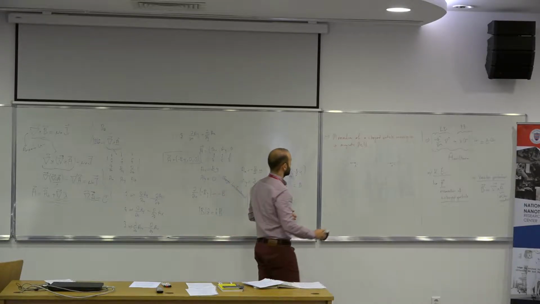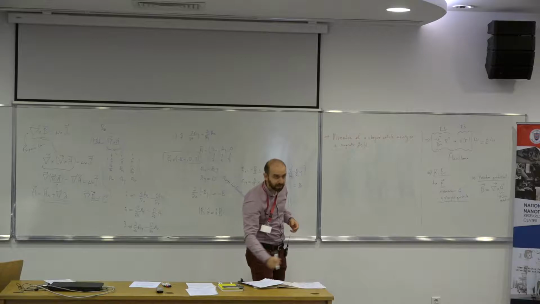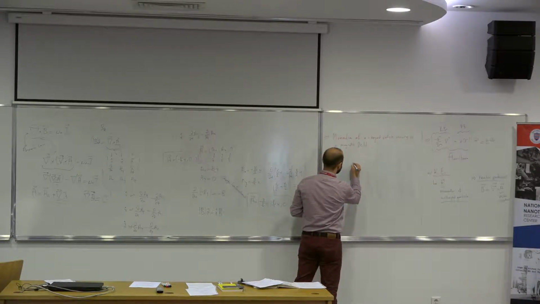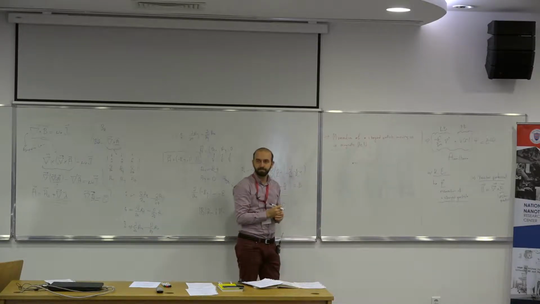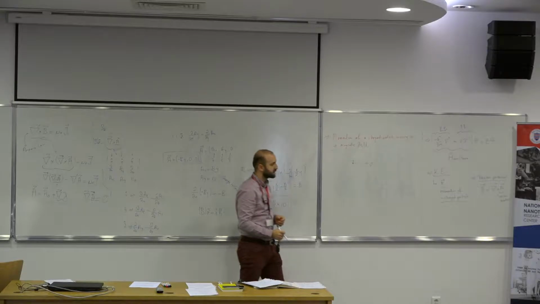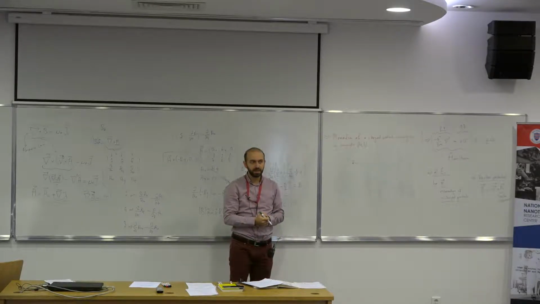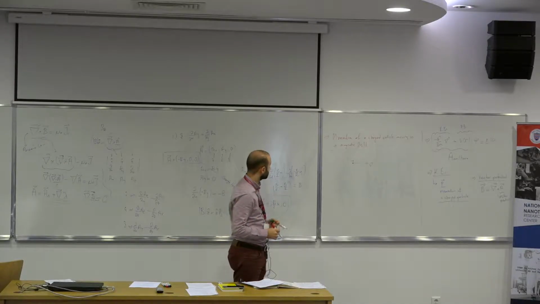But what I'm asking is rather more complicated. I take an electron that's moving with velocity v, and that carries, of course, minus e charge. Now, what kind of a picture are we looking at here?